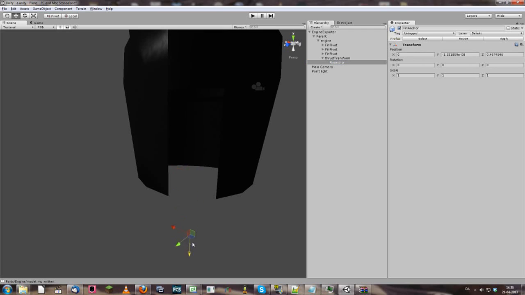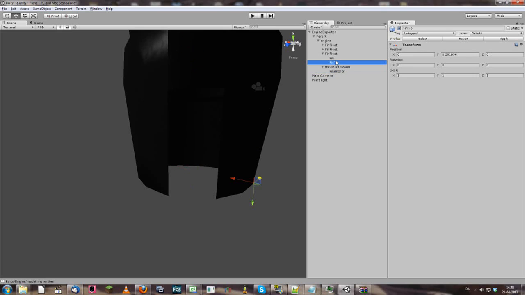You can move this whichever way you want, and it will affect how the fins will react. The way it calculates how much it needs to rotate each fin is it looks at the distance between the fin tip and the fin anchor.